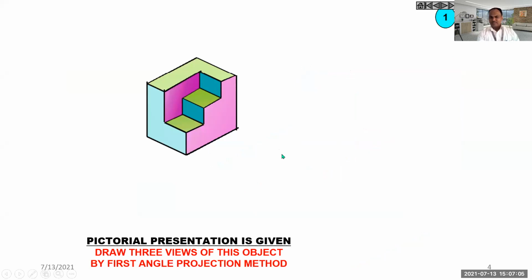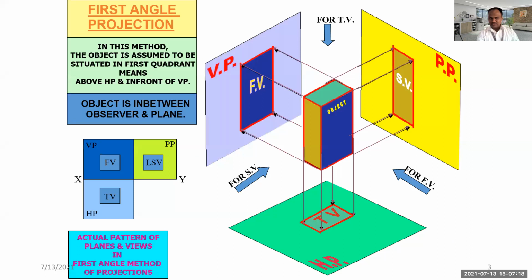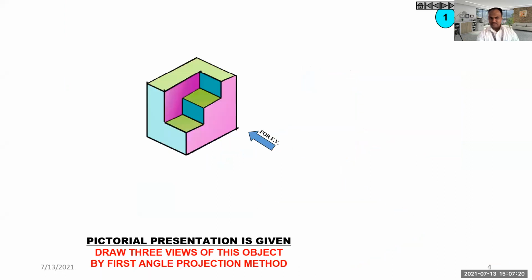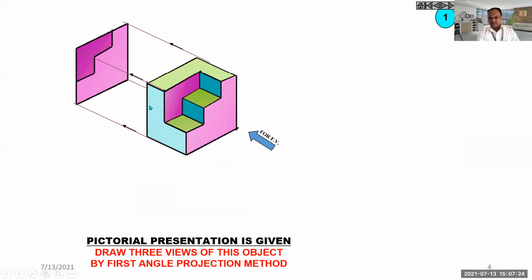You can see here, if the observer is looking in this direction, he will see this purple color, this and this color. Only these two colors he will be able to see, and that's why the two colored faces will be seen, and that's why you can observe it like this: a large rectangle and one small rectangle inside it. So these two planes will be visible only from the front side.